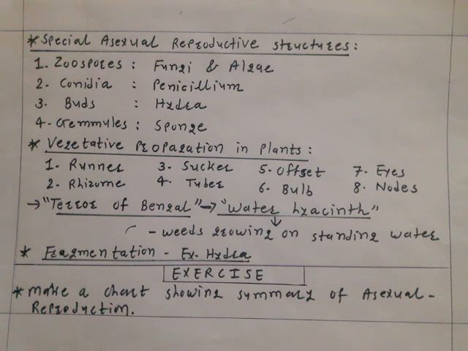In some organisms, fragmentation is also observed, like Hydra. In this method, the parental body is divided into fragments or pieces. Through these fragments or pieces, a new organism is developed, and this method of asexual reproduction is known as fragmentation.